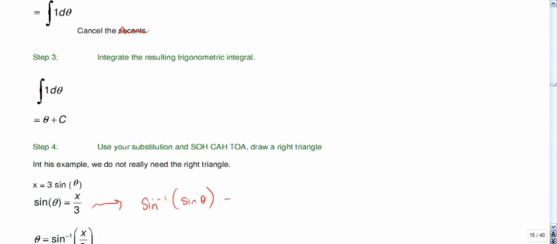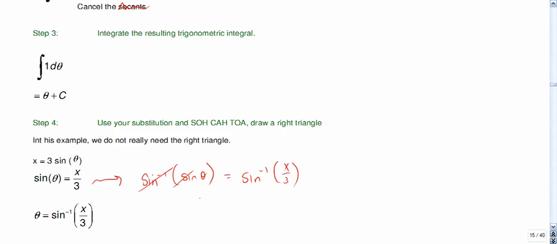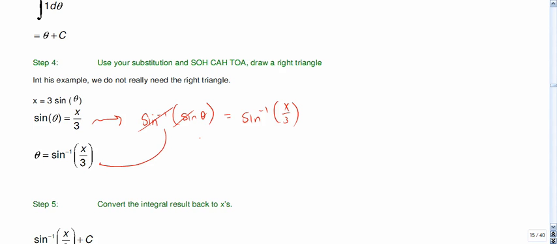So the inverse sine of sine theta and the inverse sine of x over 3. Since inverse sine or arc sine and the sine function are in fact inverses, we think of them as canceling each other out. And when they cancel each other out, that's what we get. So theta is inverse sine of x over 3.